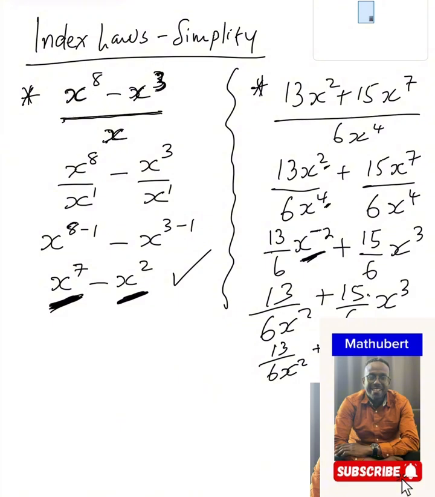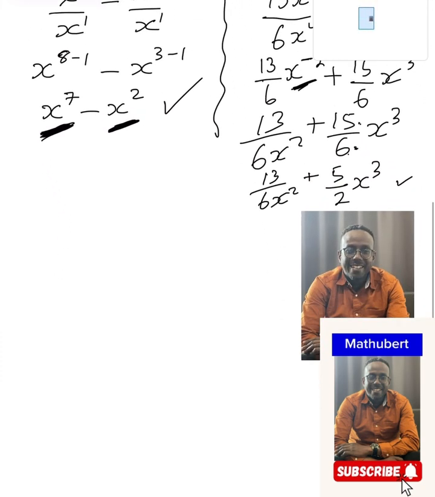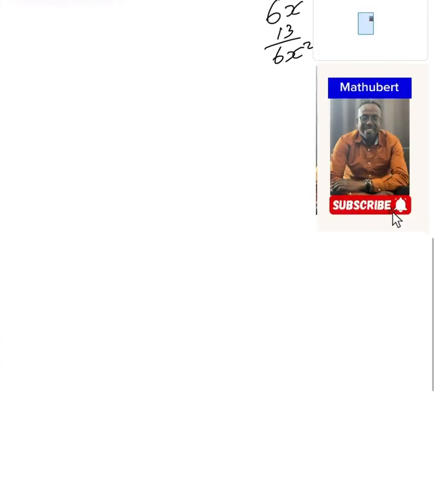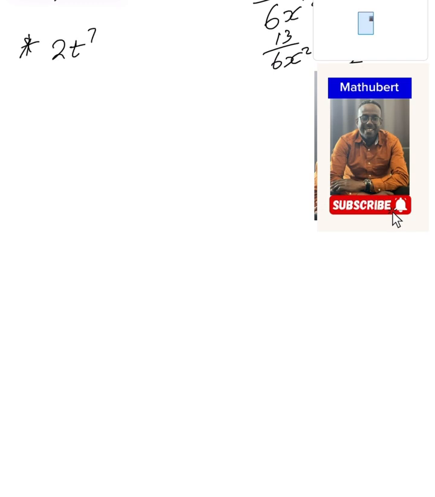So that is how we simplify that. We just apply our knowledge of indices. I will write down two questions for you to try out. I will move up here such that you try them out, and then we can do them. The first one will be 2t to the power of 7 minus 12t to the power of 5, and we are dividing it by 4t squared.